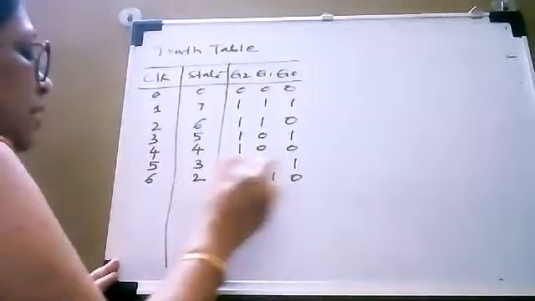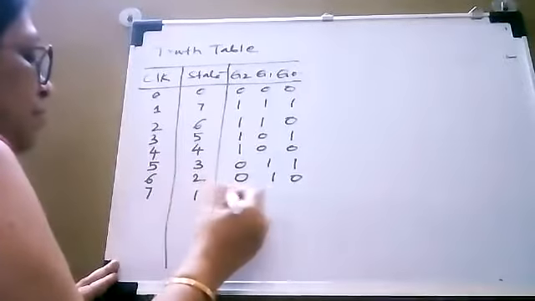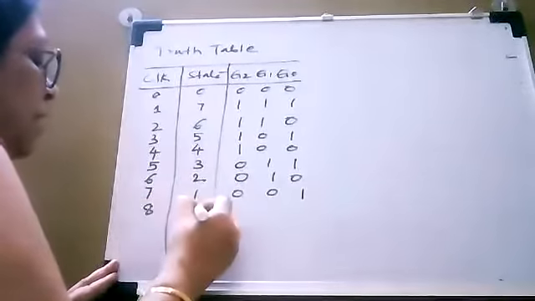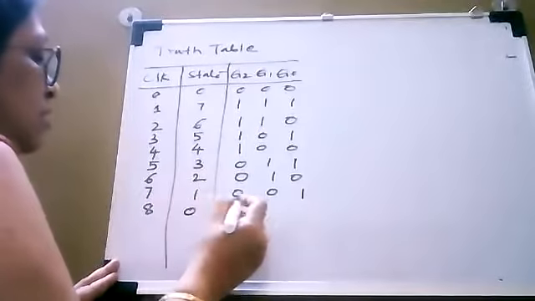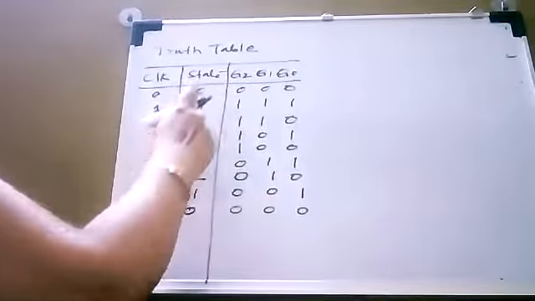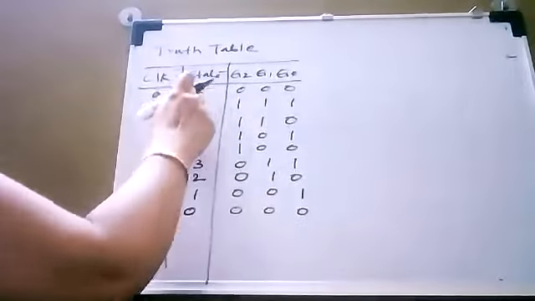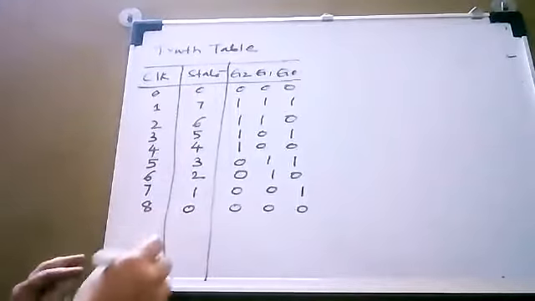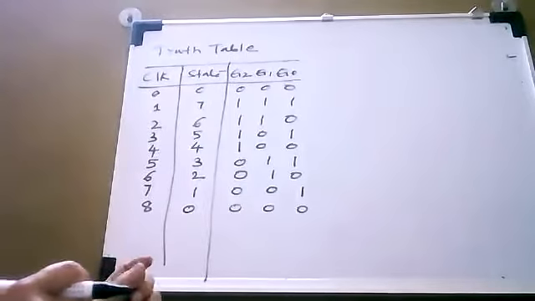For sixth, second state. For seventh, first state. And for eighth, you will be getting zeroth state. Counting from 7 to 0. Again, after 0, there will be 7. So, like this, the truth table can be written.